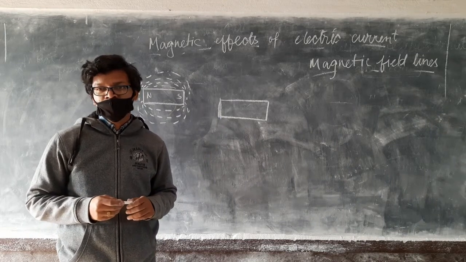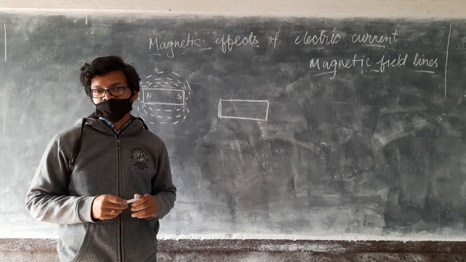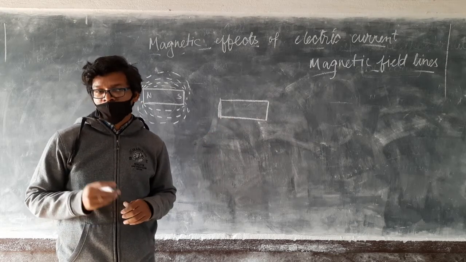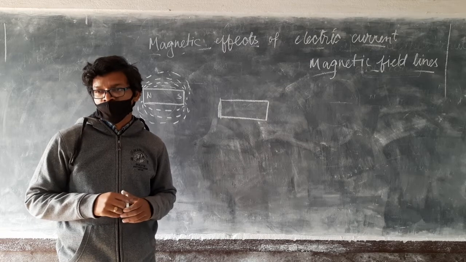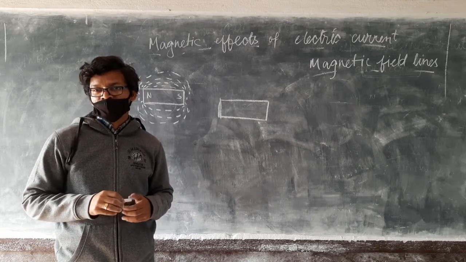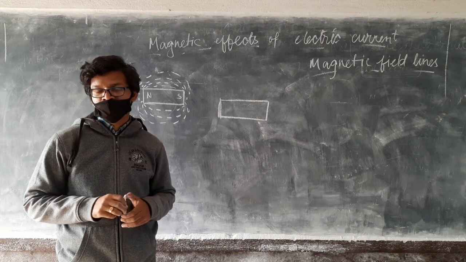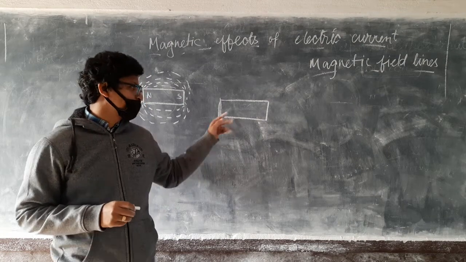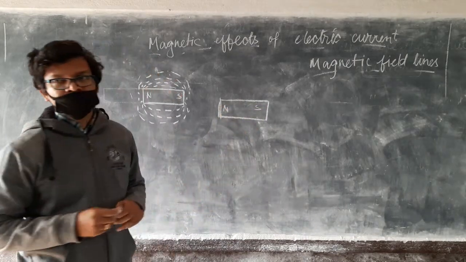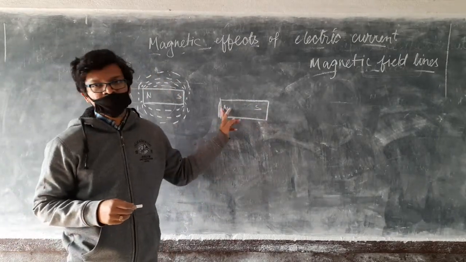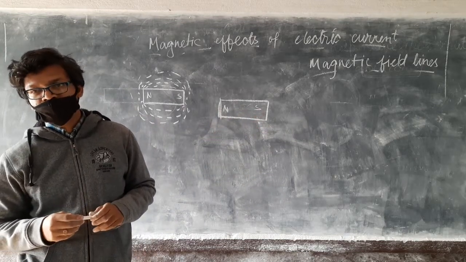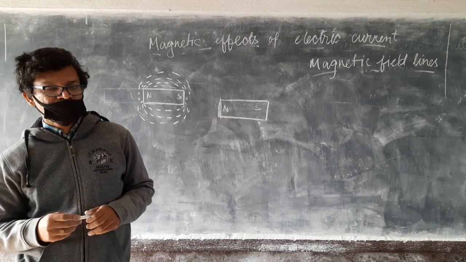First rule is that magnetic field lines will always start from the north pole and terminate at the south pole. Suppose this is the north pole and this is the south pole. Magnetic field lines will originate from the north pole and terminate at the south pole, that is outside the magnetic bar.